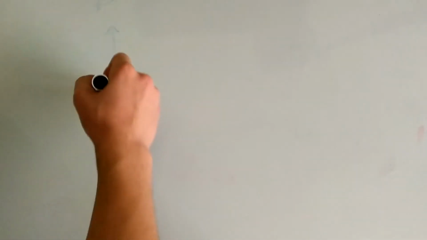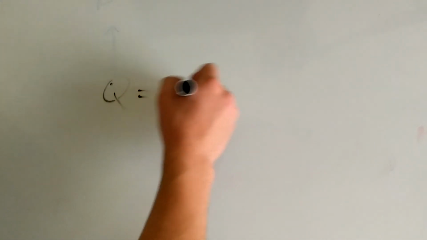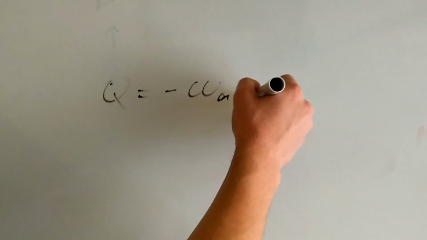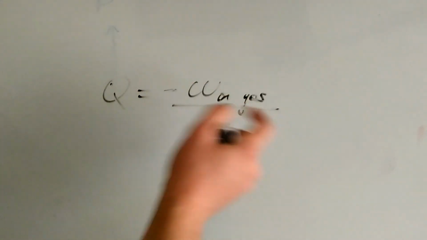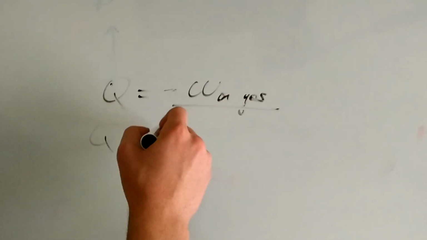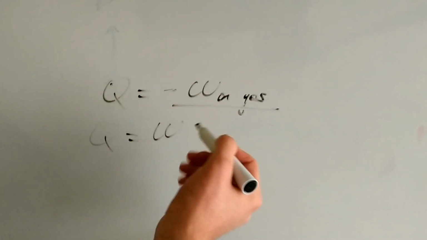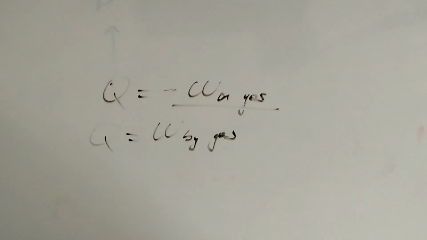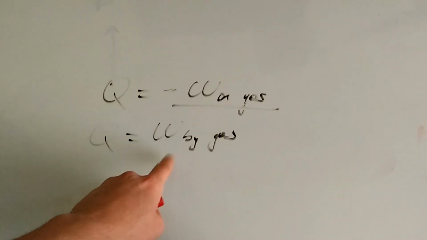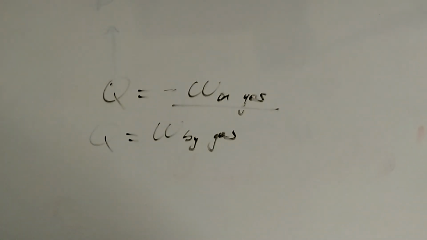So basically heat is equal to minus work on the gas. Since we have a minus of the work done on the gas, that's the same as positive work that's done by the gas. So basically, all the heat that's entering the system is used by the gas to do work. And that's it for today.